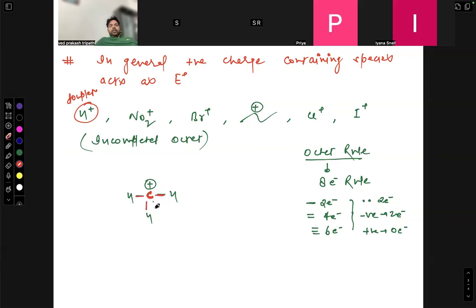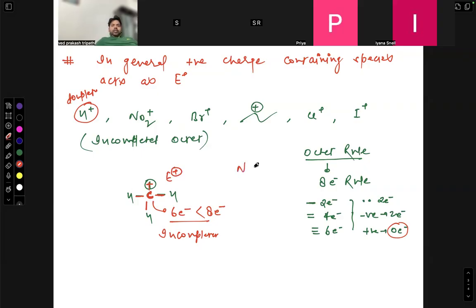So 3 single bonds means 6 electrons. Do not consider the positive charge because positive has 0 electrons. So 6 electrons, which means less than 8 electrons. So less than 8 means it is an incomplete octet. So incomplete means it is acting as an electrophile. Make sense?